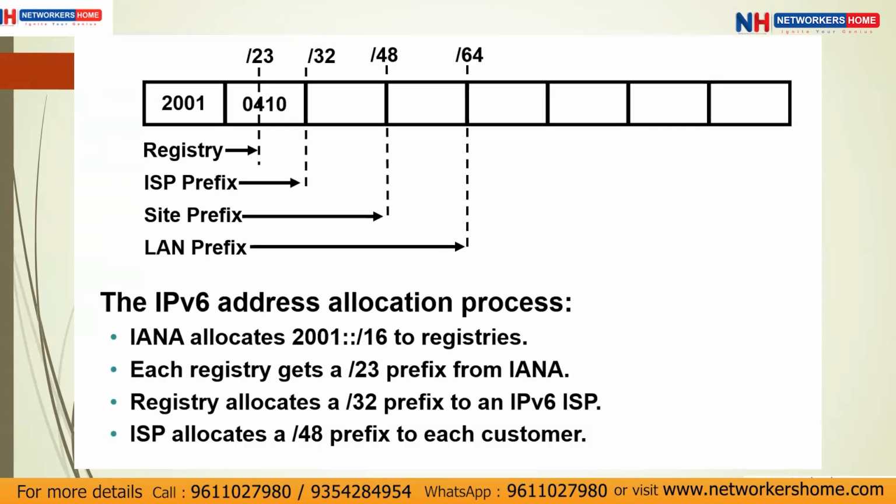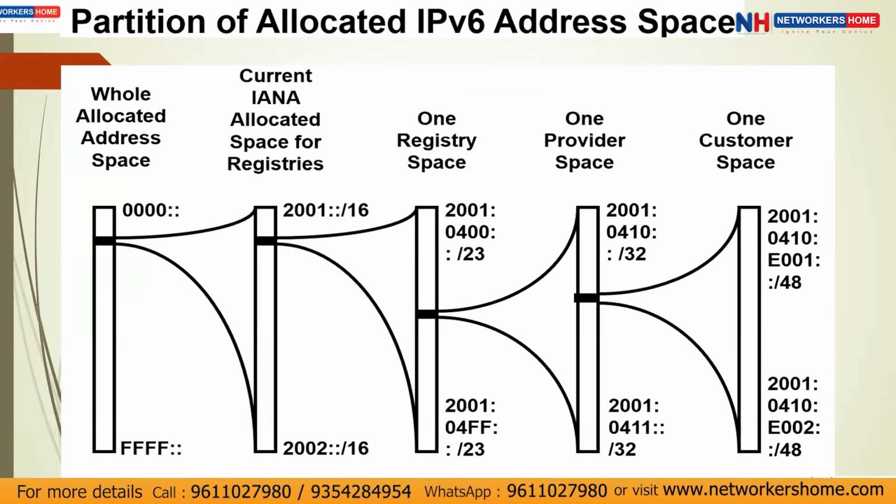The IPv6 allocation process: IANA allocates 2001::/16 to registries. Each registry gets /23 prefixes from IANA. A registry allocates a /32 prefix to IPv6 ISPs. ISPs allocate /48 prefixes to each customer. And the partition of allocated IPv6 address space is mentioned here. The whole allocated address space, the current IANA allocated space for registries, one registry space, one provider space, and one customer space.